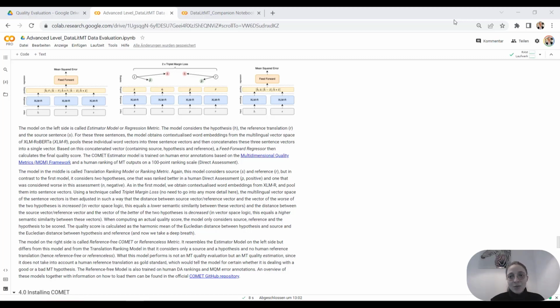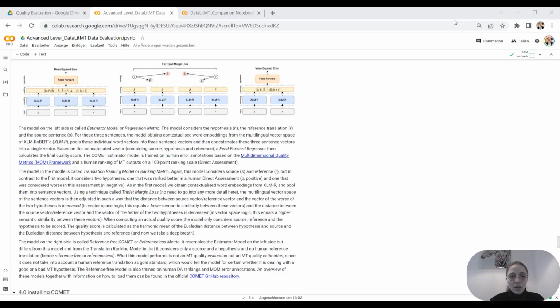And then on the right-hand side, we have a reference-free COMET or referenceless metric, which is also really interesting, where you can see that we only input two sentences, so we do not have a reference. So imagine you do not have a professional human reference to compare your output to. We only have the machine translated hypothesis and the source sentence.